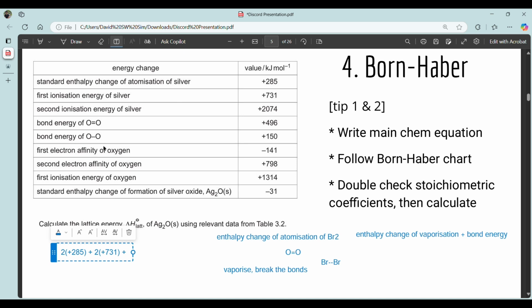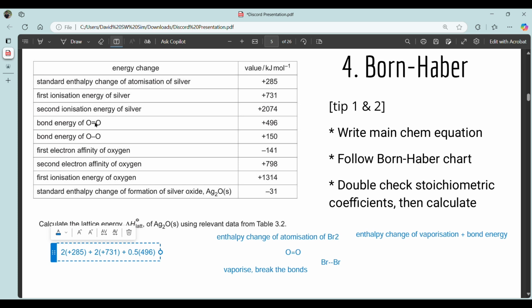Because normally oxygen will exist as O double bond O. One thing to note here is that for O double bond O, we have to divide 496 by 2.